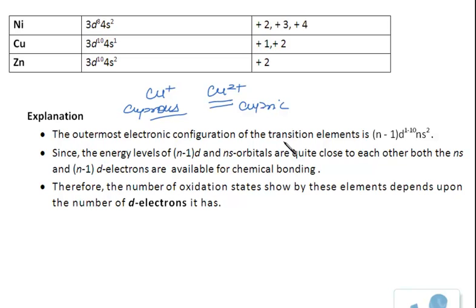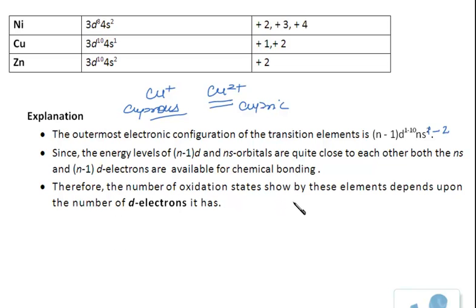The outermost electronic configuration of transition elements is what? The (n-1)d 1 to 10 and ns 1 to 2. Since the energy levels of (n-1)d and ns orbitals are quite close to each other, as they belong to the same energy level, both ns and (n-1)d electrons are available for chemical bonding.